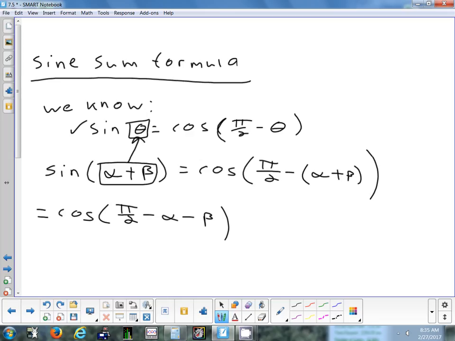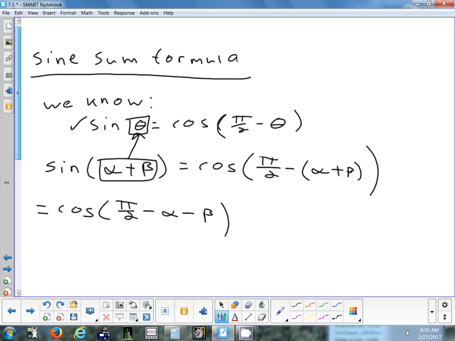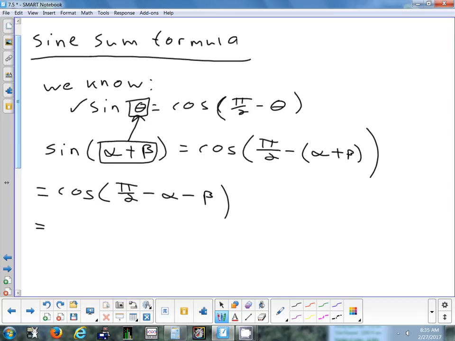Now, all we have to do is group this, because we basically can turn this into cosine of a difference. We just have to group it together so it's a difference. So what I'm going to do is rewrite what I have up above. I'm just going to put some parentheses in. There's the big parenthesis for my cosine function.